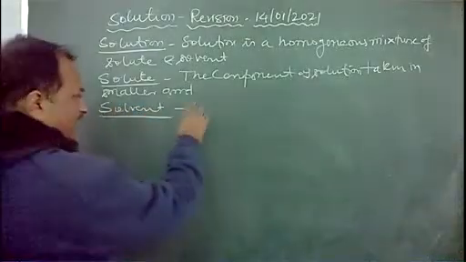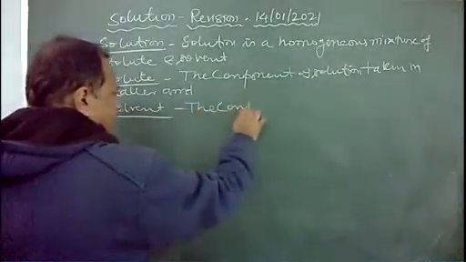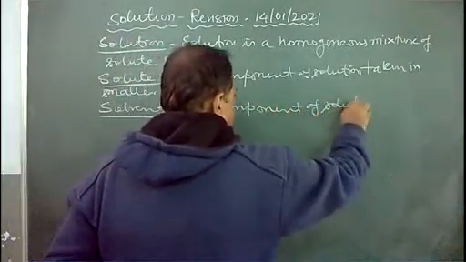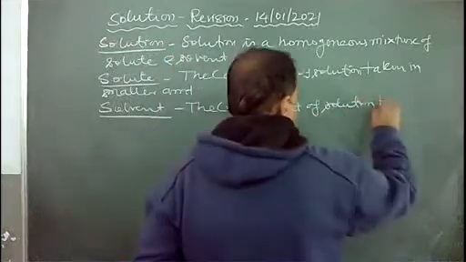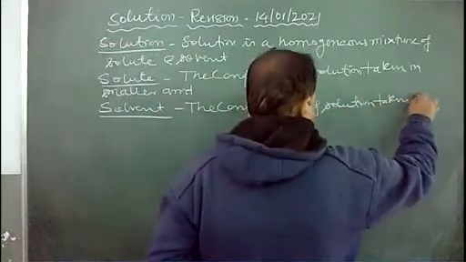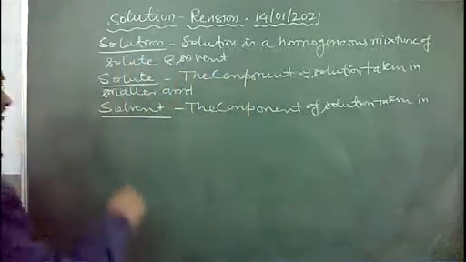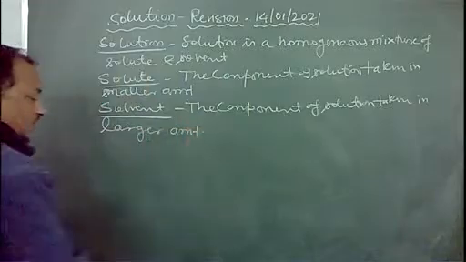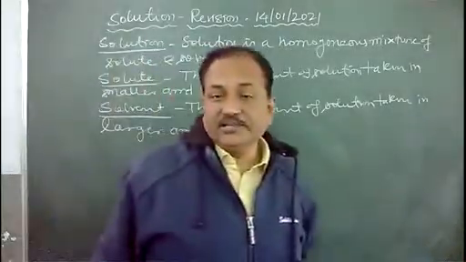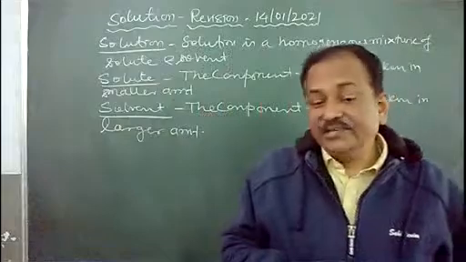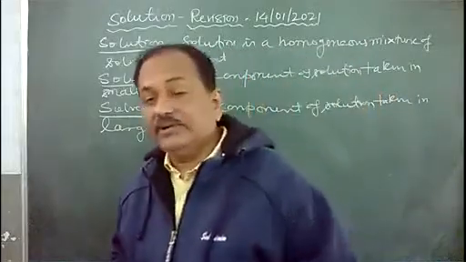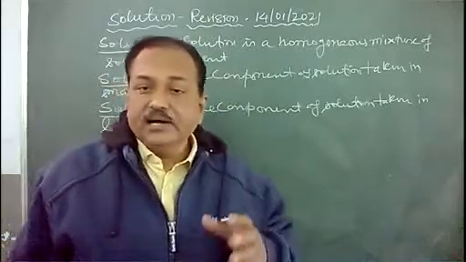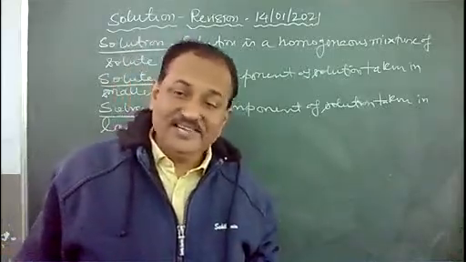So solvent is again the component of solution taken in larger amount. So the definition of solute and solvent, children, has been taken with reference to the quantity or the amount, and it is never taken with respect to the state.